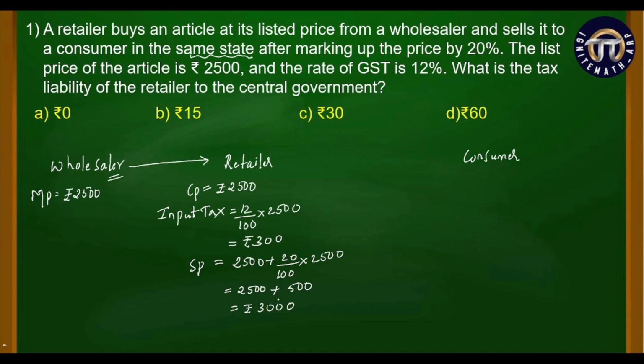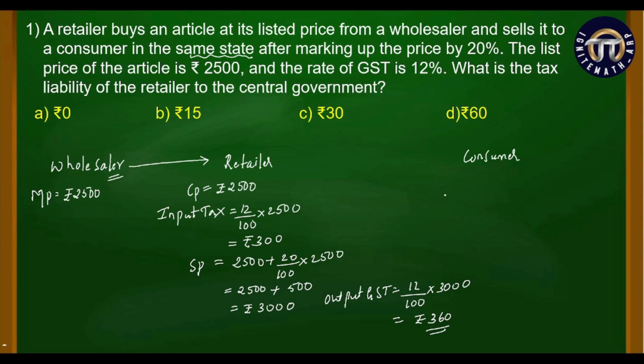Now whenever he is selling the goods, he will collect the price from the consumer. The tax collected here is called output GST. Output GST is 12% of 3000, so that will give you rupees 360.